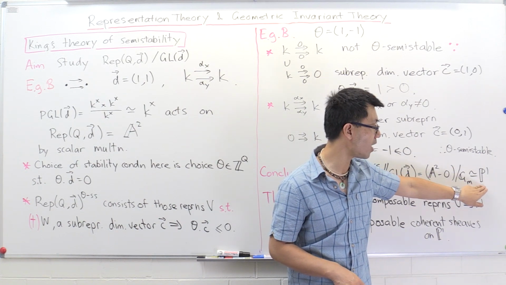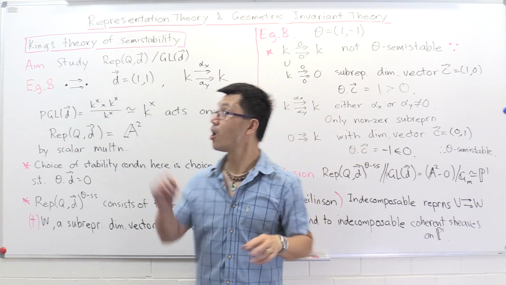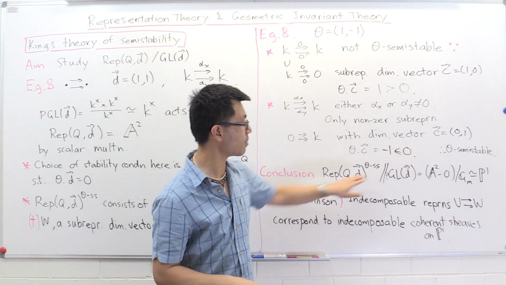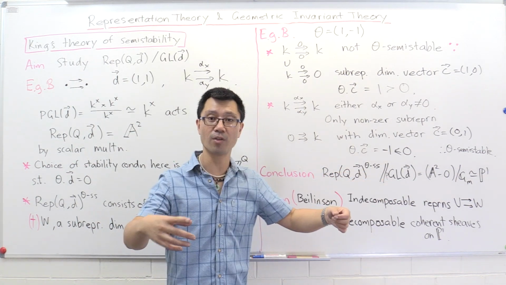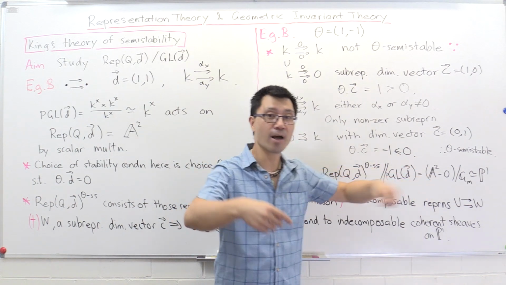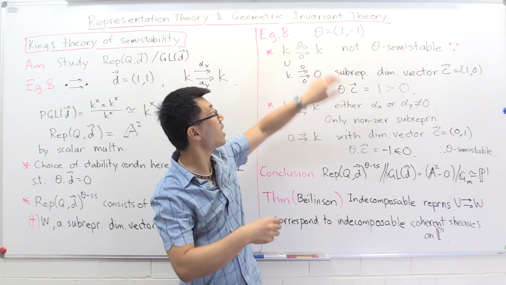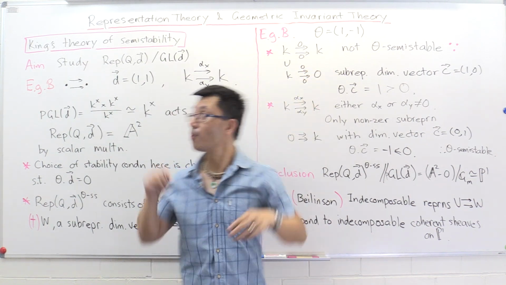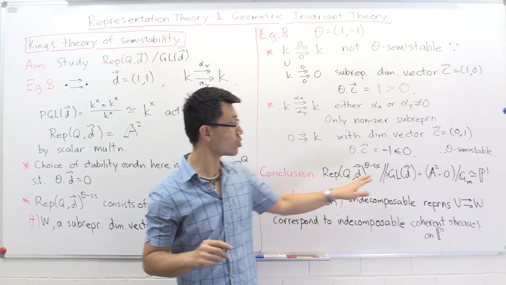So in this theta semi-stable part, you have a projective line of them. Of course, when you throw this point in, when you close them up, they all contain this point here. So the whole object is quite complicated.